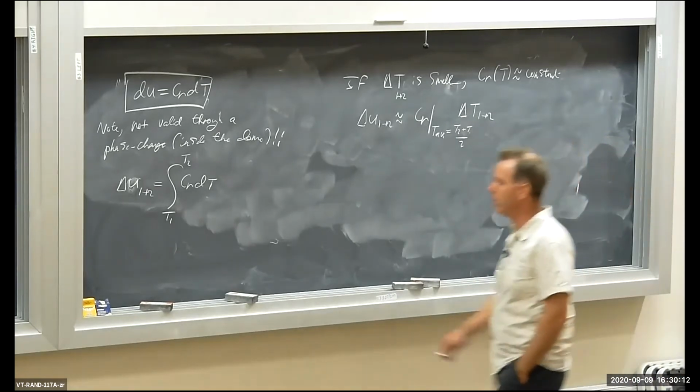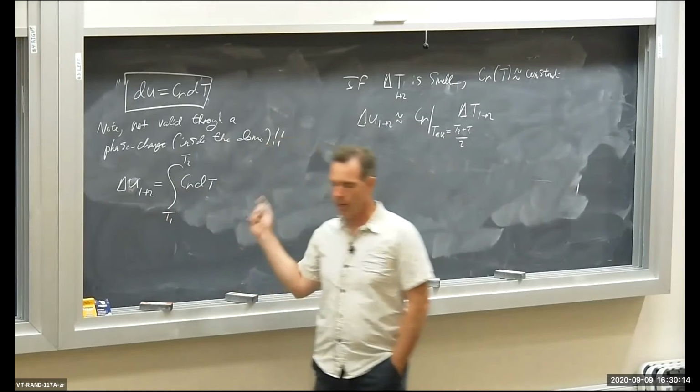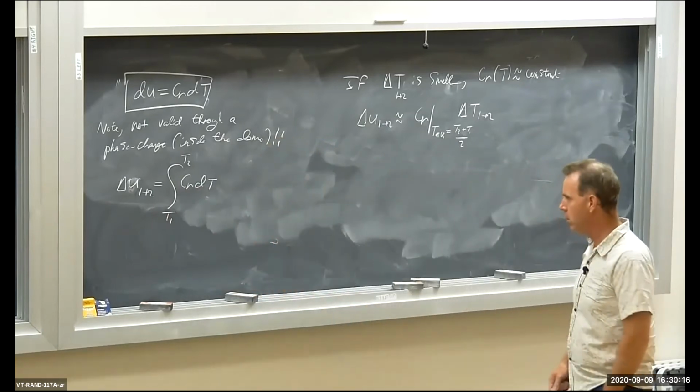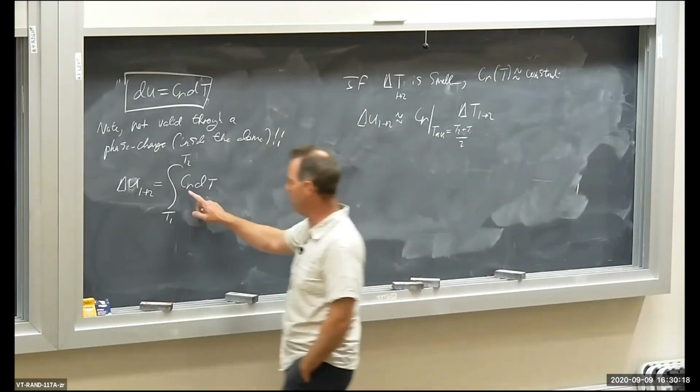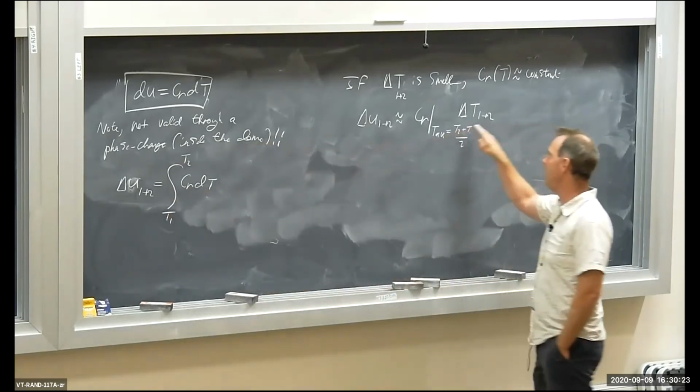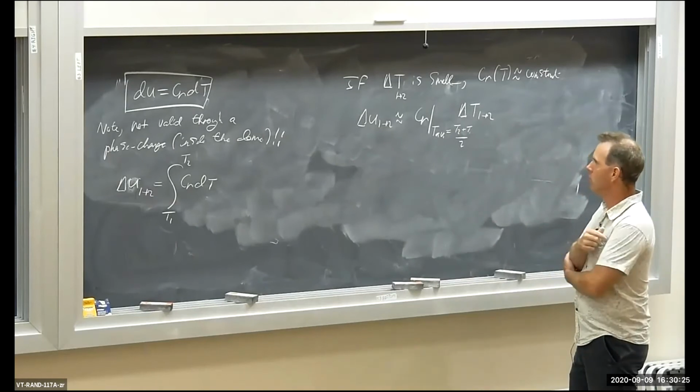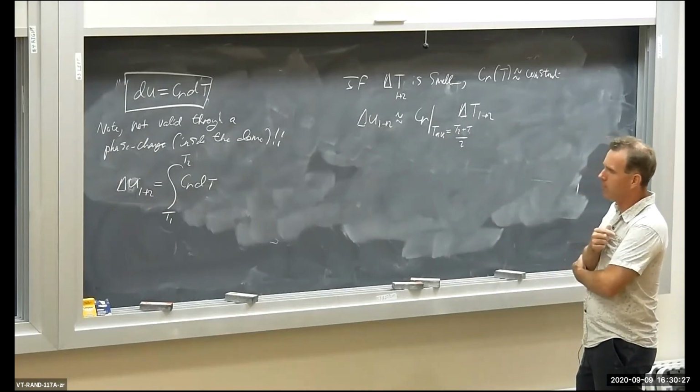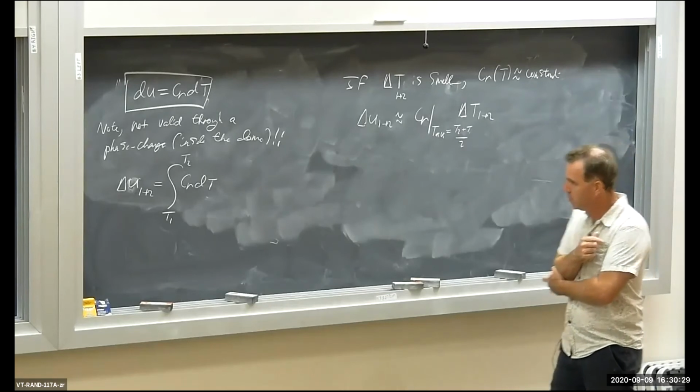If we assume constant specific heat, we can pull the CV out of the integral, and I get CV integral dT, which gives me CV delta T from 1 to 2, if delta T is small.